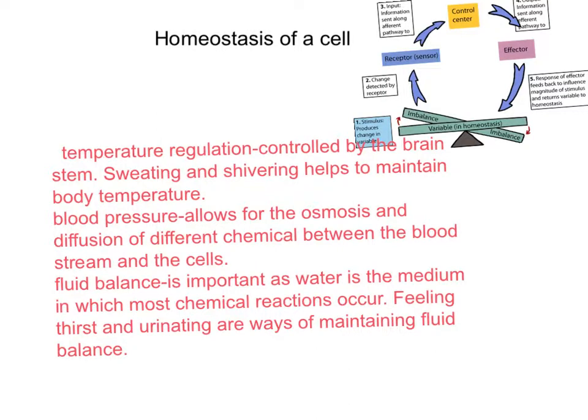Blood pressure allows for osmosis and diffusion between cells, and that is completely on its own. That has no influence between the cells whatsoever. And fluid balance, again, depends on diffusion and osmosis. So there you have it.